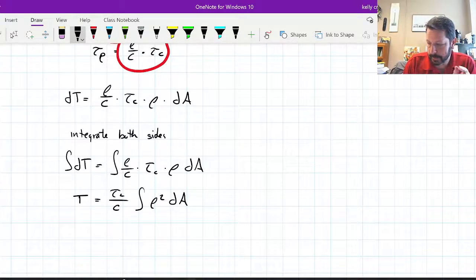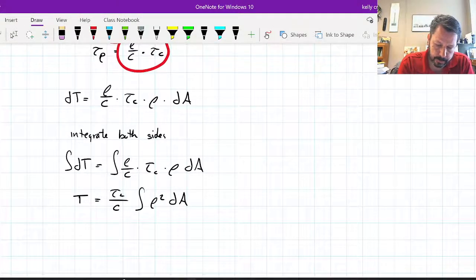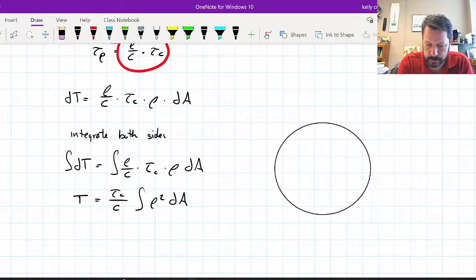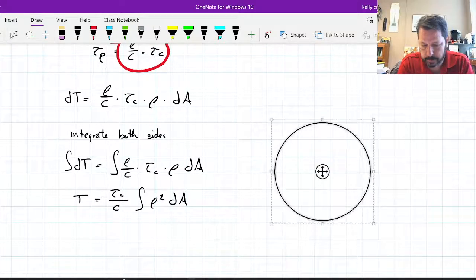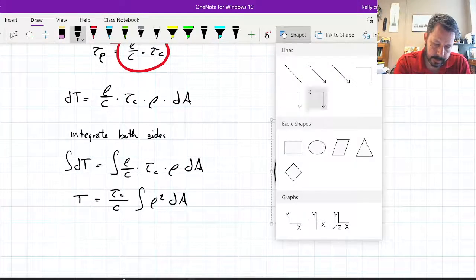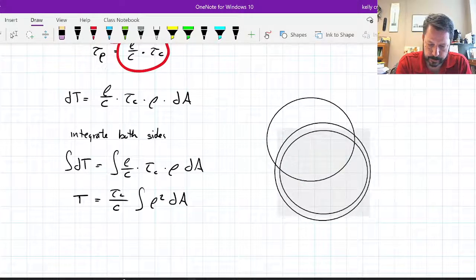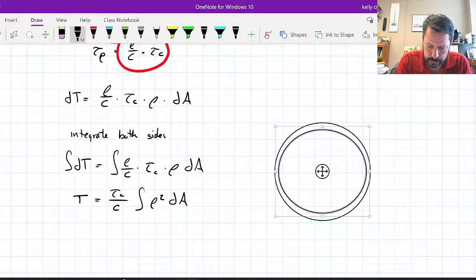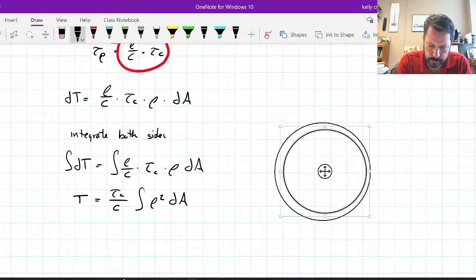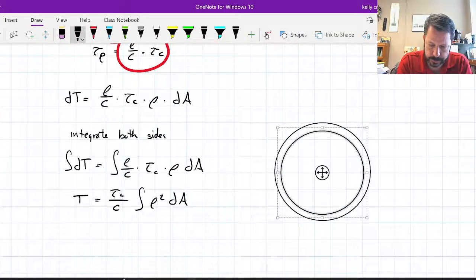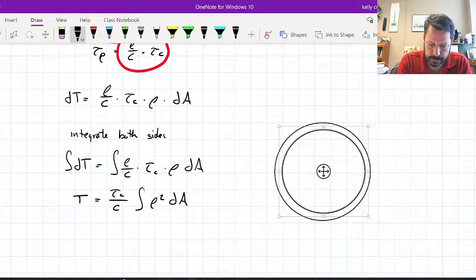Let's look at what this dA looks like. I guess we're not going to change it, we're just going to add on to it. Let's add another circle, and make it a little more circular, or at least concentric. That looks fine.